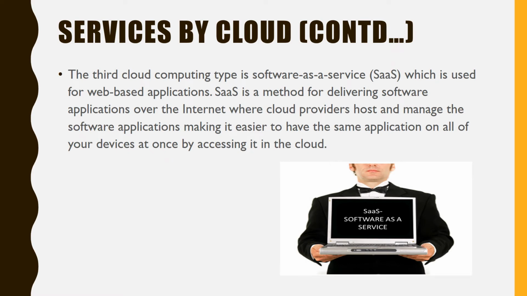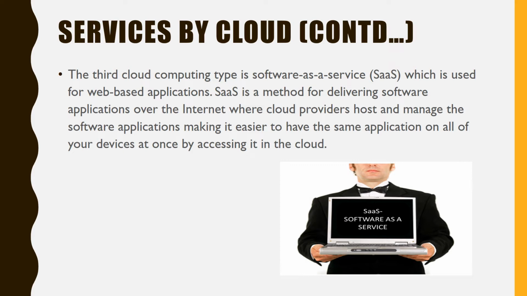Now, the third type of cloud computing is software as a service. Here, some applications are designed which may be online applications. That means you can work on these applications online.